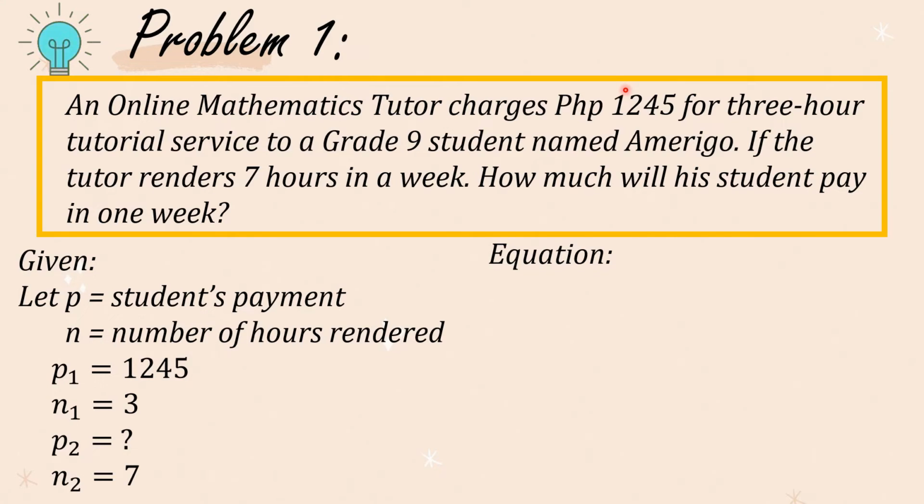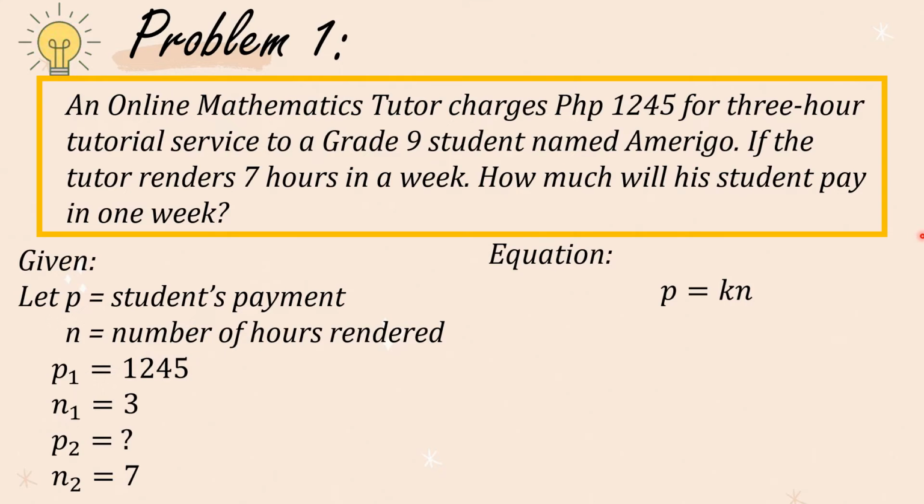Ano nga ang variation yon? Direct variation. Since direct variation ang tinutukoy ng problem number 1 natin, ano kaya ang dapat mathematical statement natin dito? Very good! Ang mathematical statement dapat natin dito ay P is equals to Kn.